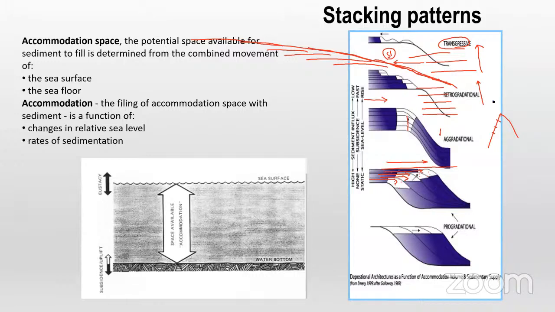So if the sea level goes up, and because of the flux of river, we have low accommodation surface, the sediments are deposited on top of each other. So we say that we have an aggradational system tract or stacking pattern.